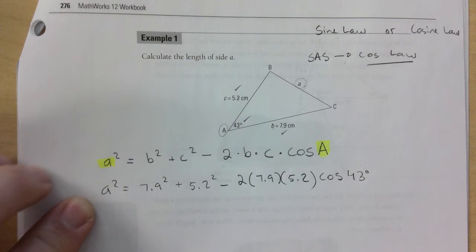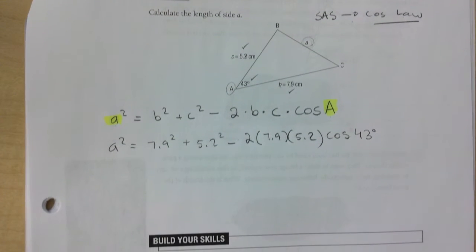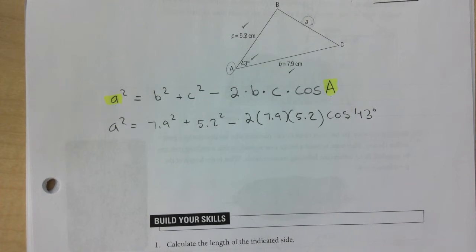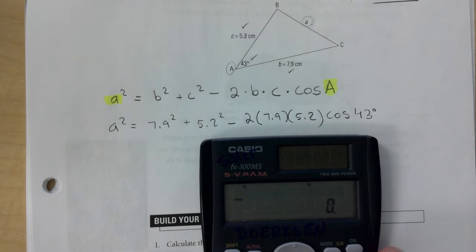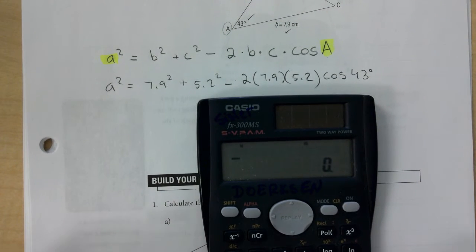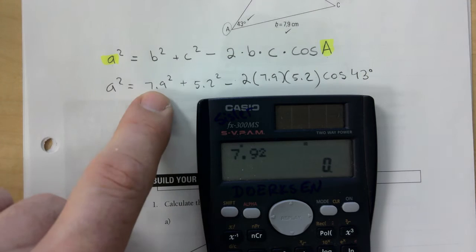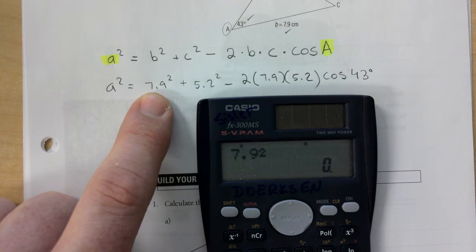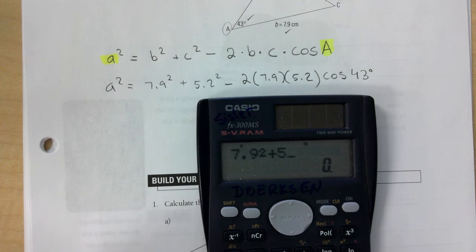Now is where the calculator comes in handy. Watch how I do this. I'm going to go 7.9, squared, make sure you square 7.9, plus 5.2 squared.